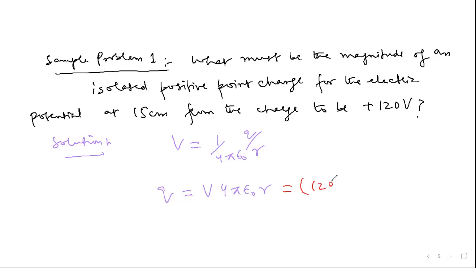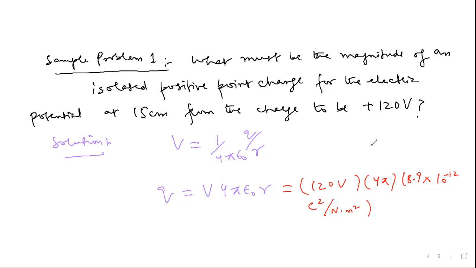V is plus 120 volt, then you have 4 pi, then you have epsilon naught. You might know the value of epsilon naught, which is 8.9 into 10 raised to minus 12 in SI units. So it is what? Coulomb square per Newton meter square.